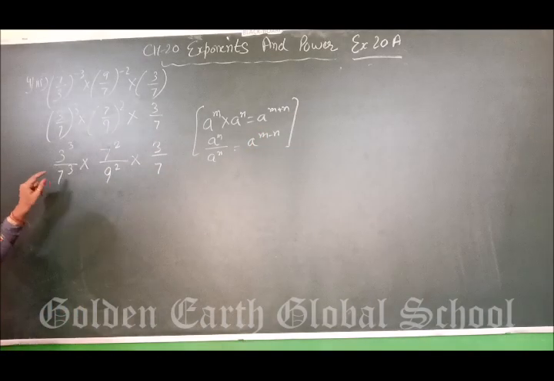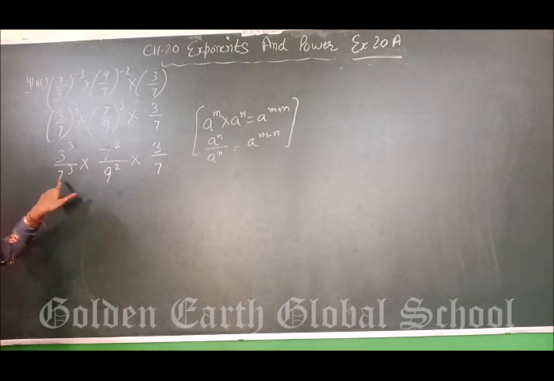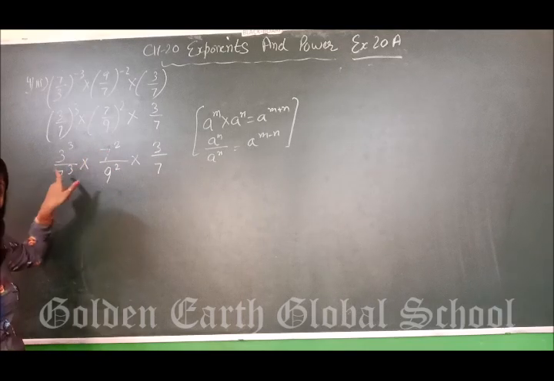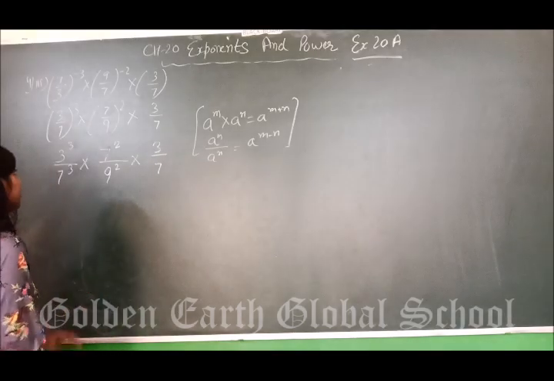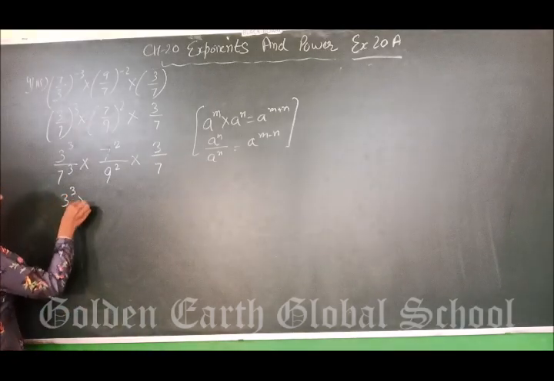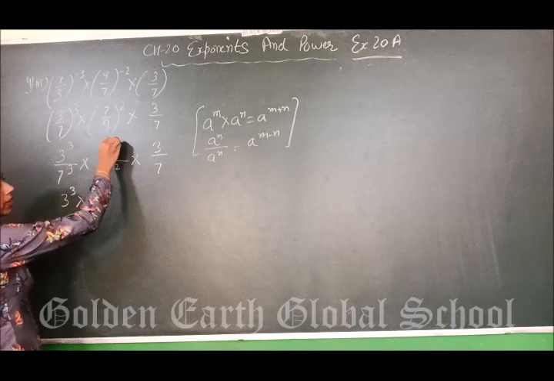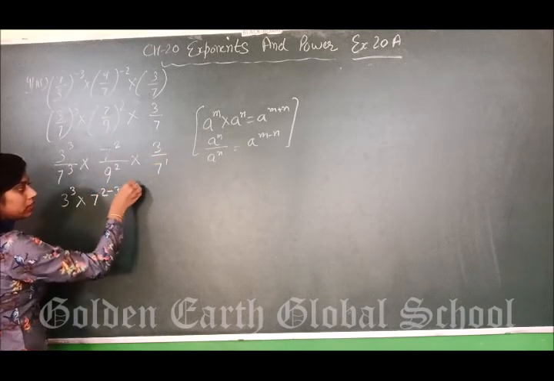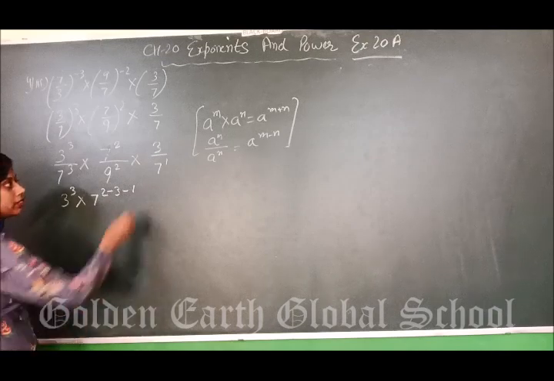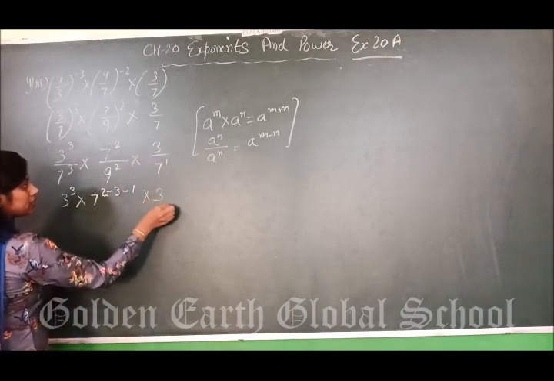So now here see, these 7s are in division, so the powers will get subtracted. 3^3 into 7 raised to power 2 minus 3, again minus 1. 3 as it is.